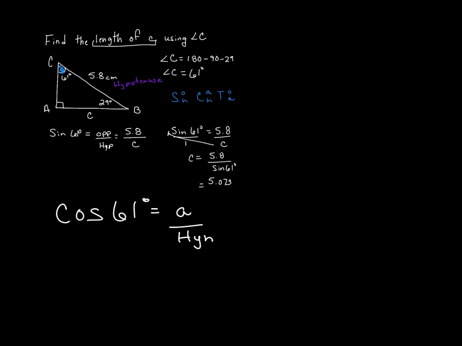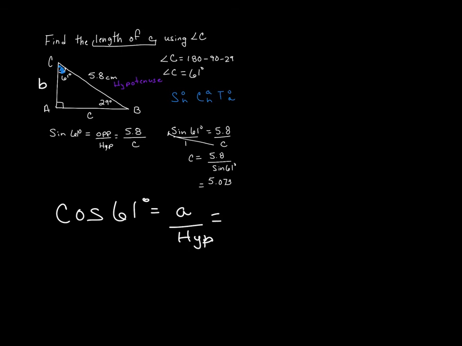But the adjacent side of angle C is this side right here, and I don't have that side, so I can't use the cosine of 61 to solve for C in this case. If I wanted to label that side, it would be side B, but we're not asked to find that for this question.